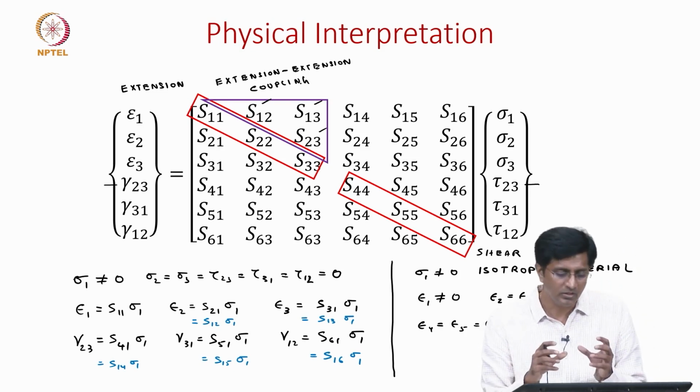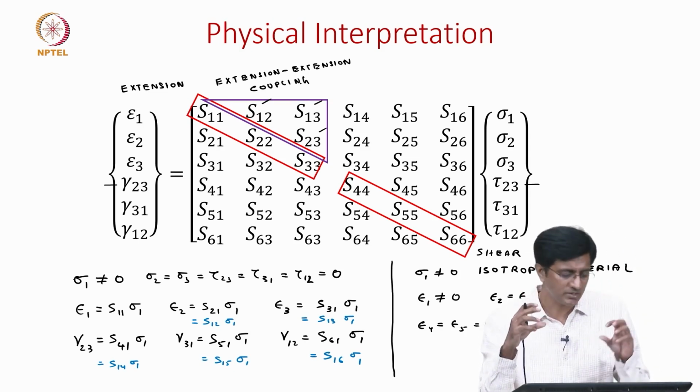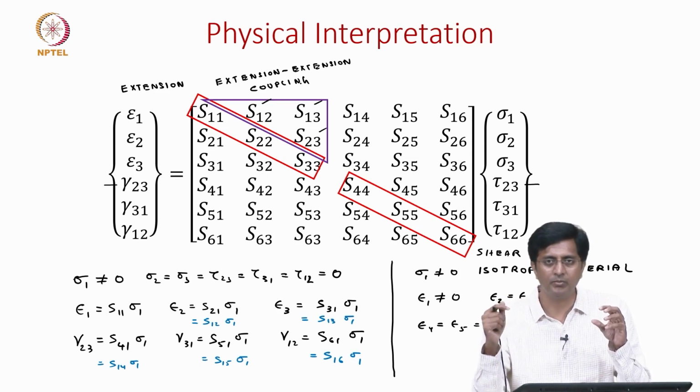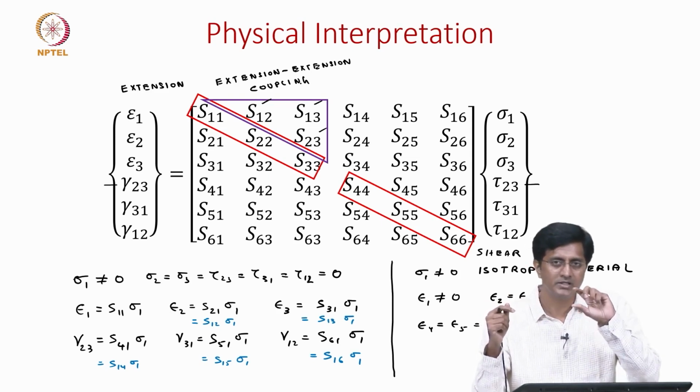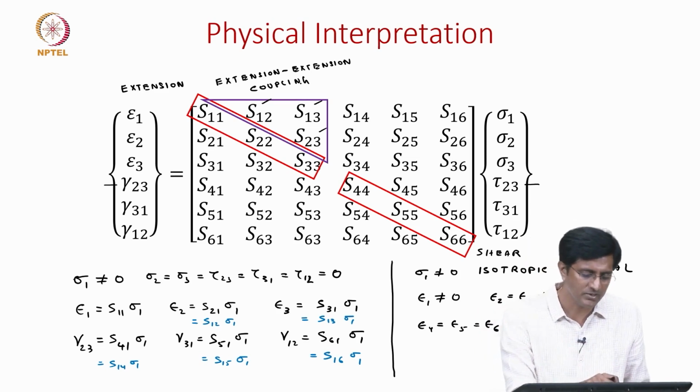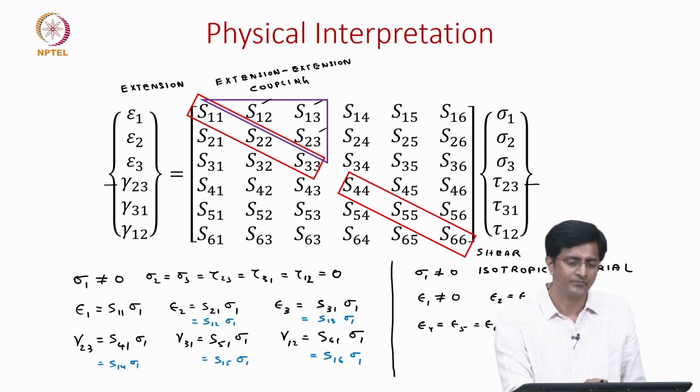Because we are still looking into the normal stresses and normal strains. The only difference is we are looking at both not in the same direction. If you are applying a normal stress in one particular direction, we are looking at normal strains in the other 2 directions, that we get from this extension coupling.